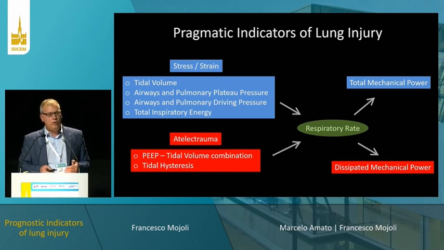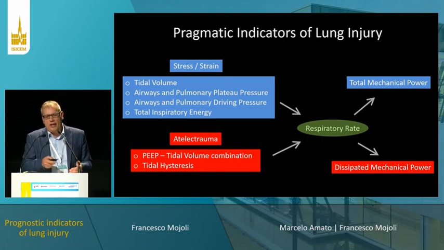But we have also to check for tidal recruitment and atelectrauma. To limit it as much as possible, we have to select a good combination between PEEP and tidal volume. And to measure this problem at the bedside, we propose to perform a tidal pressure volume curve and look at tidal hysteresis.